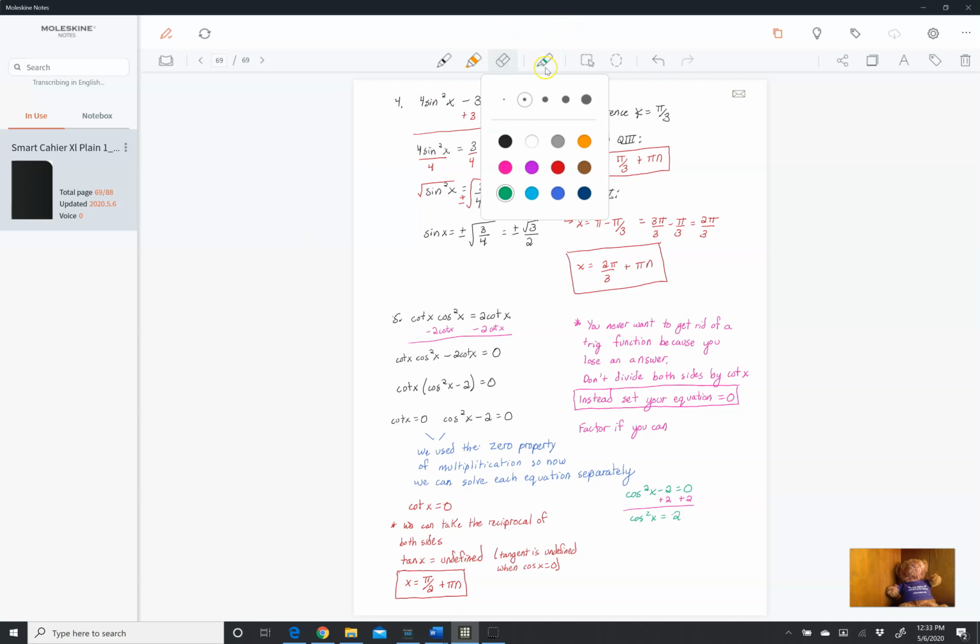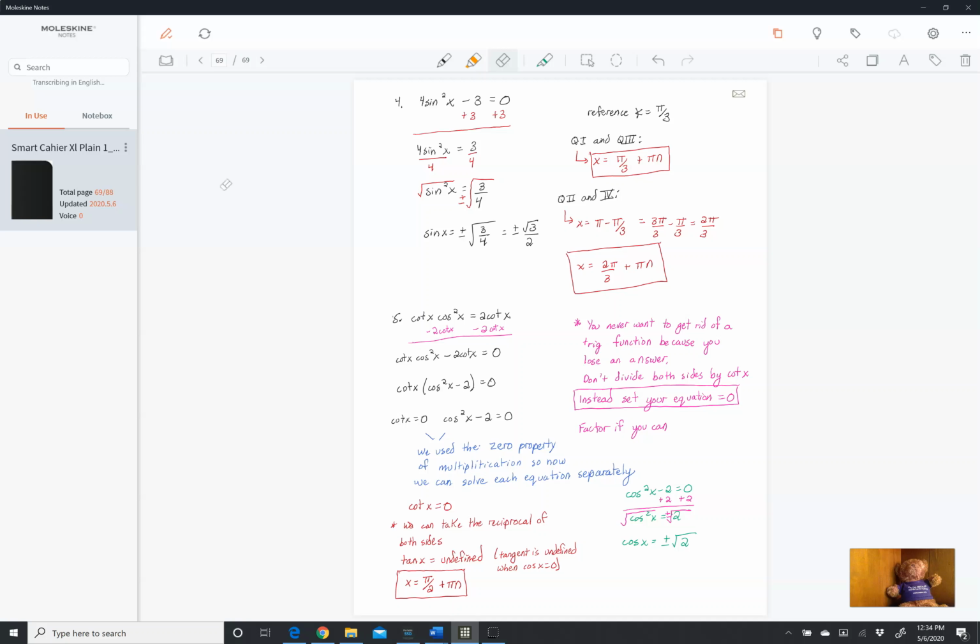We take the square root of both sides. And you take plus or minus. So we get cosine of x equals plus or minus square root of 2. Okay, and you're probably sitting there thinking, but that's not in the exact value chart. You're right, it's not. In fact, this is impossible. There is no solution.